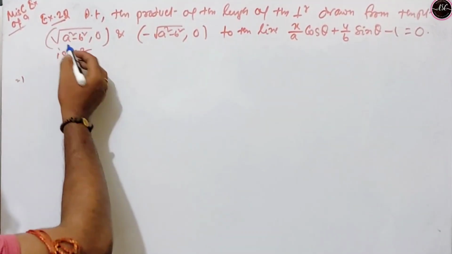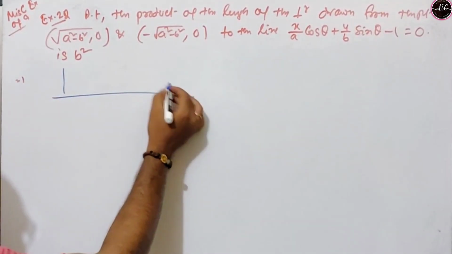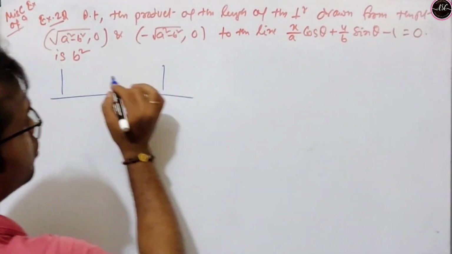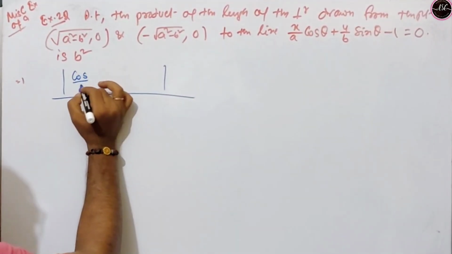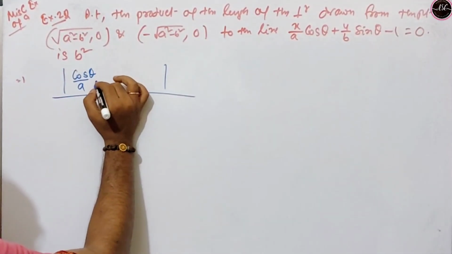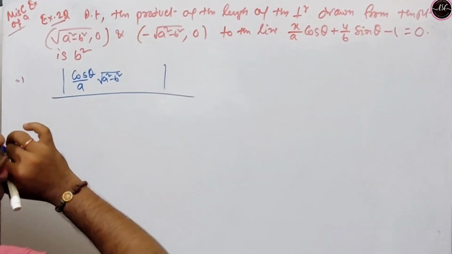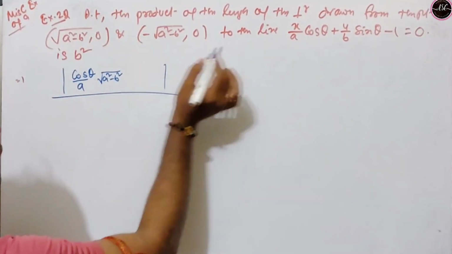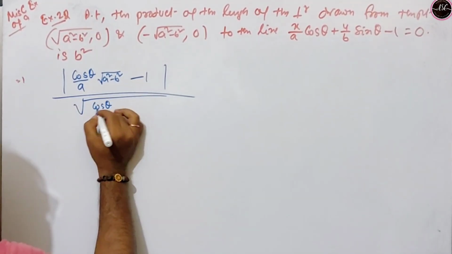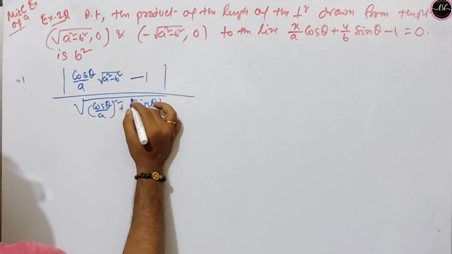So from this point the perpendicular distance will be mod of, here the coefficient of x equal to cos theta by a, times x1, that means root over a square minus b square, plus b times y1, that means 0, and c equal to minus 1, divided by root of cos theta by a whole square plus sin theta by b whole square.